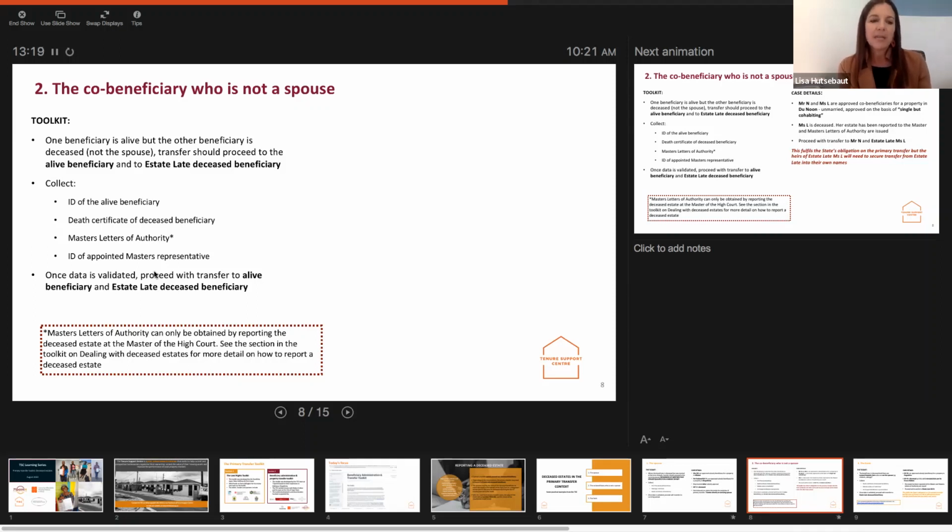Our proposed solution here is that you transfer to your beneficiary who's still alive, as well as to the estate of the beneficiary who's deceased. The guiding principle behind this suggested process is that the state won't have the resources to go and look into who the estate heirs of that deceased beneficiary are, where there's not an obvious spouse or anything like that.